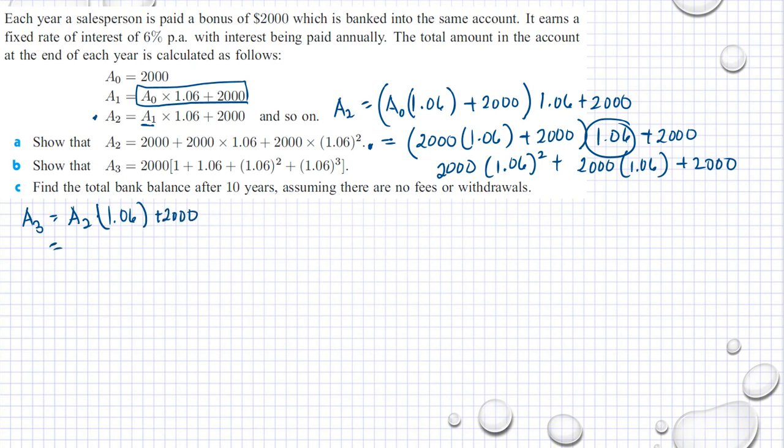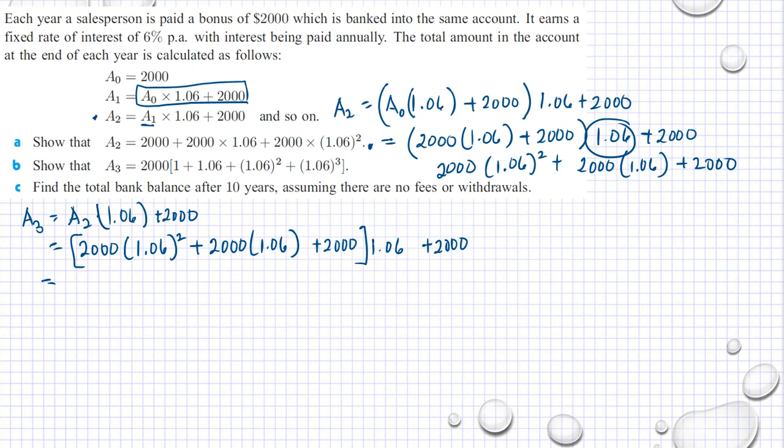But A sub 2 is 2,000 multiplied by 1.06 raised to 2 plus 2,000 multiplied by 1.06 raised to 1, or just 1.06, plus 2,000 multiplied by 1.06 plus 2,000.